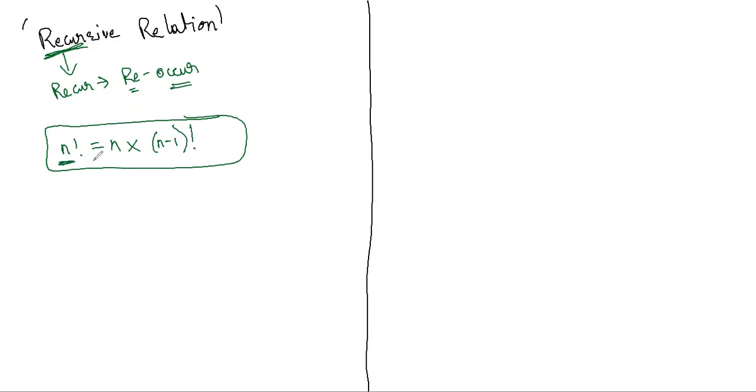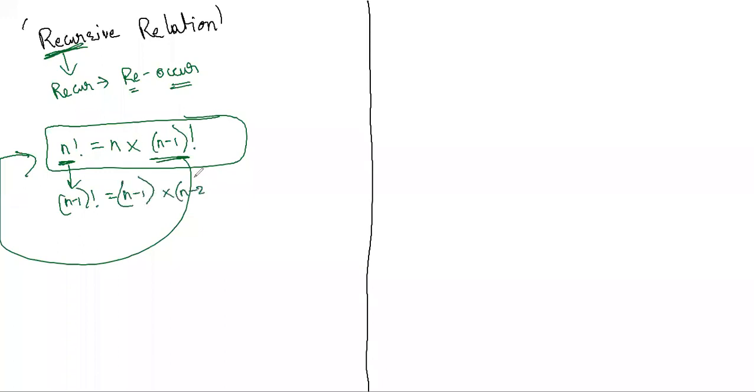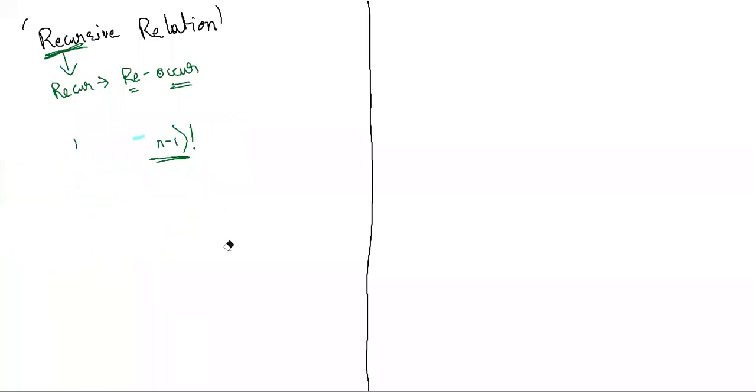Because if someone wants to find what n minus 1 factorial is, again they have to use the same definition. n minus 1 factorial is n minus 1 into n minus 2 factorial. But what do you mean by n minus 2 factorial? Again you have to use the same definition. So such relationships are called recursive relationships. Okay, so even if you did not understand, no problem. This is just a side point that such relations are called recursive relationships.